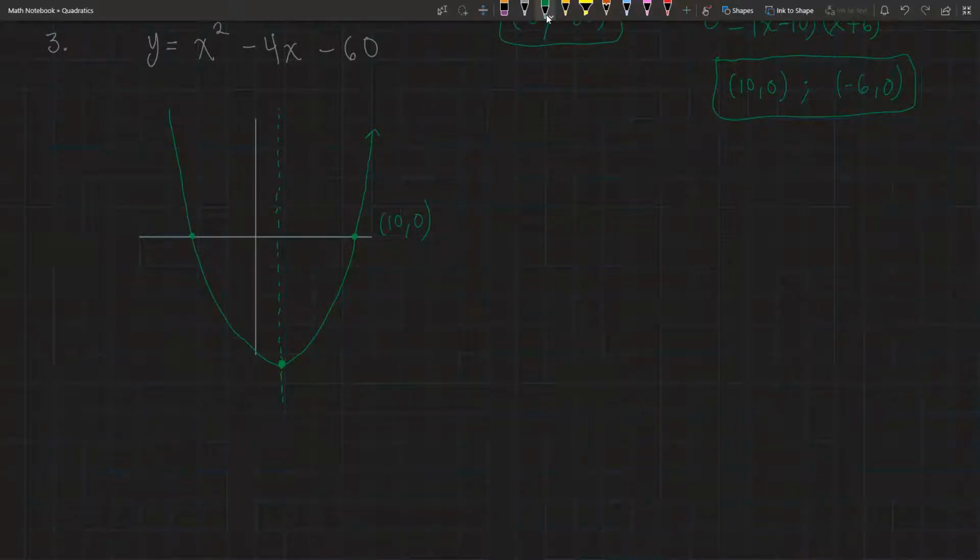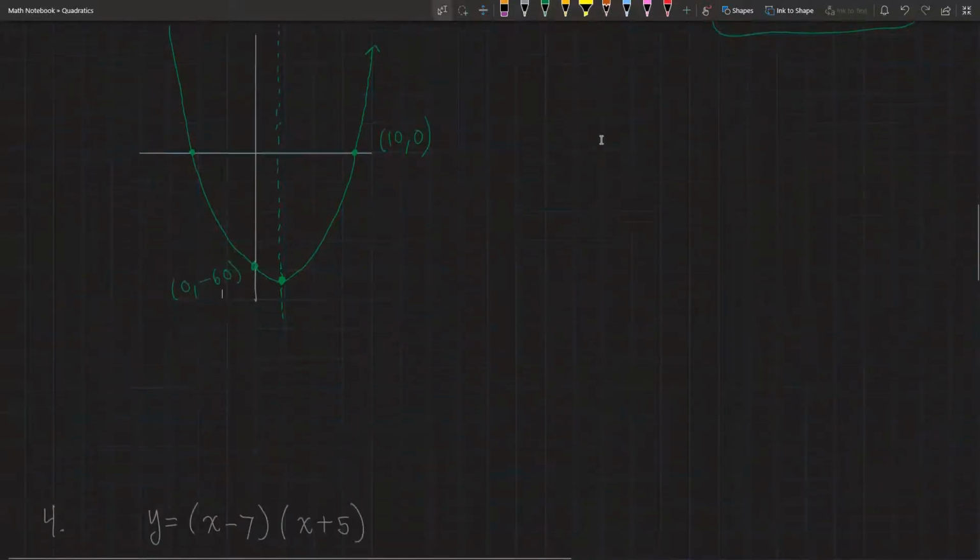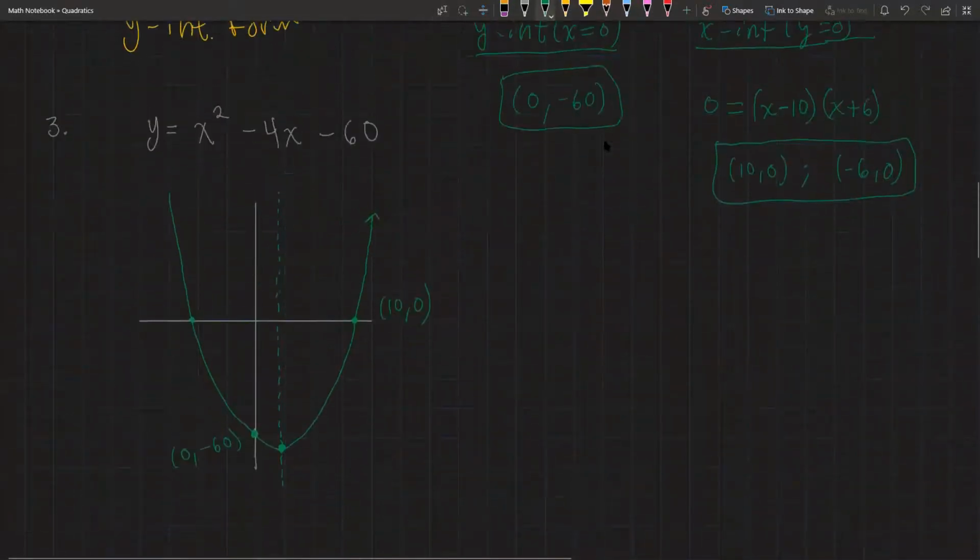Oh, that works. That's good enough. I'm going to extend my y-axis. There we go. Give me a little more room on the y-axis, so we can see where the y-intercept would be located, which we already know as 0, negative 60. So the y-intercept, and we have an unlabeled x-intercept, and that should be negative 6, 0.